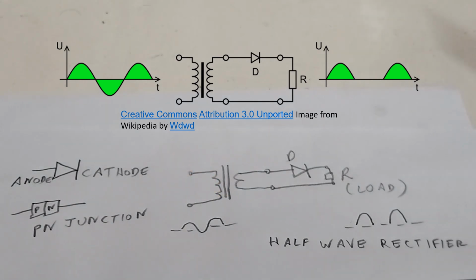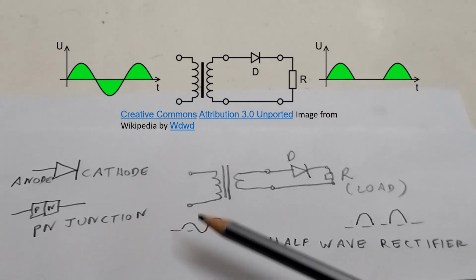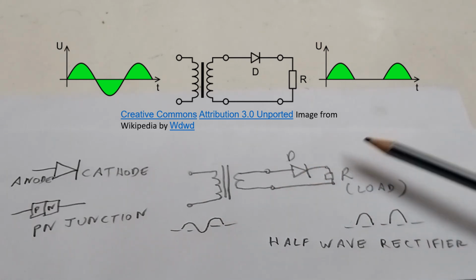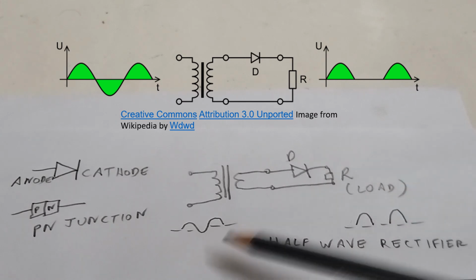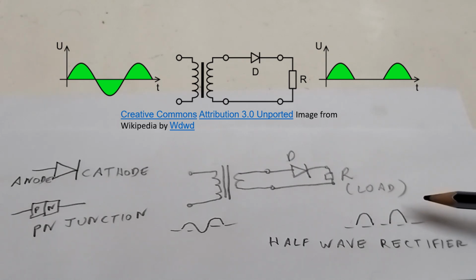And this circuit uses only a single diode. So the lower half of the alternating current will be cut off by this diode when it goes into the load. The load is a resistor. So you will have only the upper half of the current flowing through the diode. That is rectification.